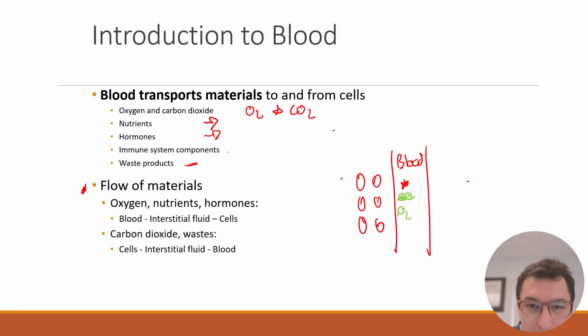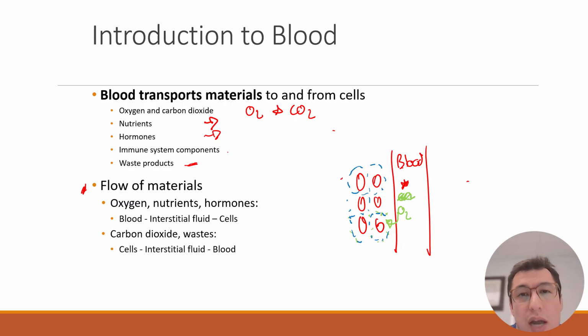Now it will not go directly into the cell, but it will go through the interstitial fluid. Actually, let's make the interstitial fluid blue. That is what the interstitial fluid is, the fluid surrounding those cells. As oxygen diffuses into this tissue, it will go through the interstitial fluid and then into the cell.